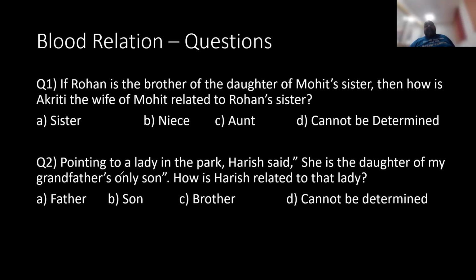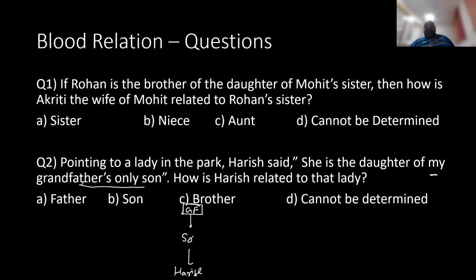My grandfather's only son. So we know is Harish. I do not know Harish's gender as of now. My grandfather, grandfather being a male. My grandfather's only son. Now the thing is, Harish could be the son or daughter of which person? There are two possibilities.